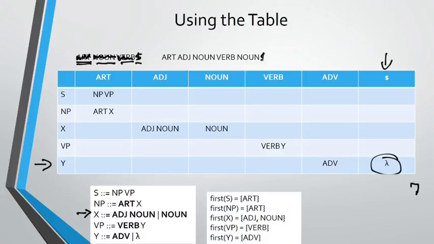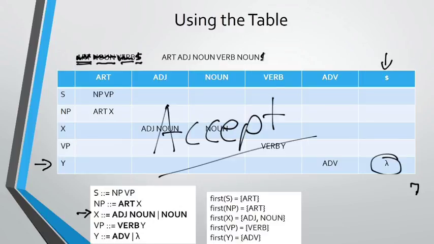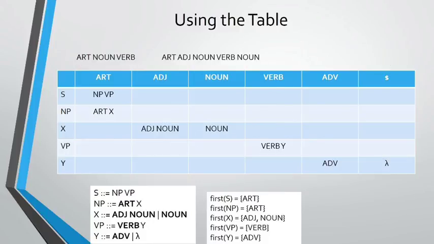At this point I have the end of file character on my input and an empty stack. And that's what I'm looking for to know that I have a successful derivation. And so I know that I can accept that particular string. We had success.